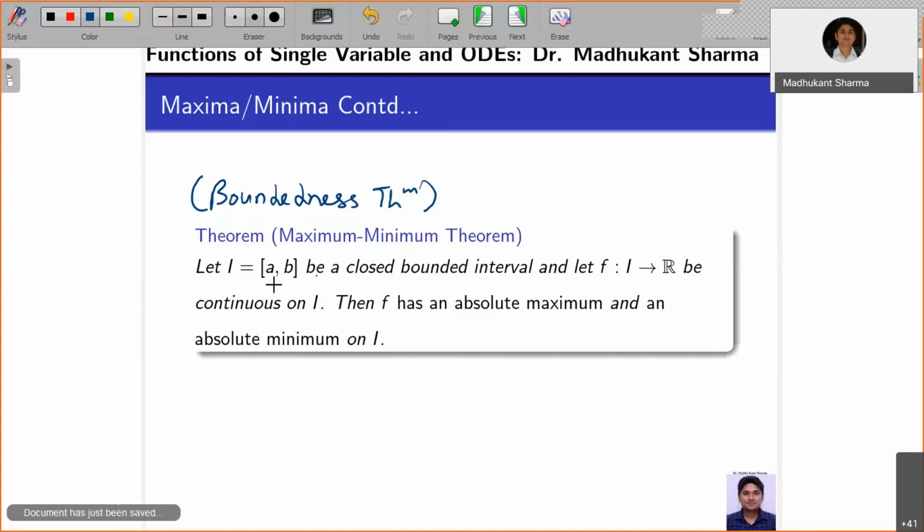We don't know whether it attains a minimum at f of a and a maximum at f of b.